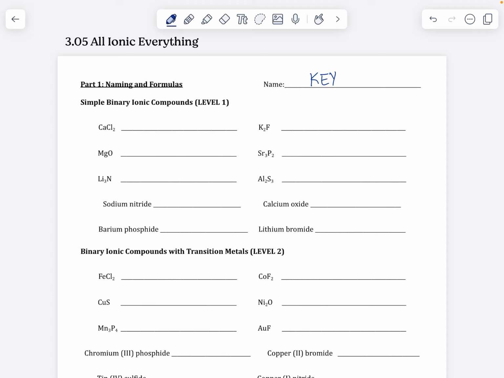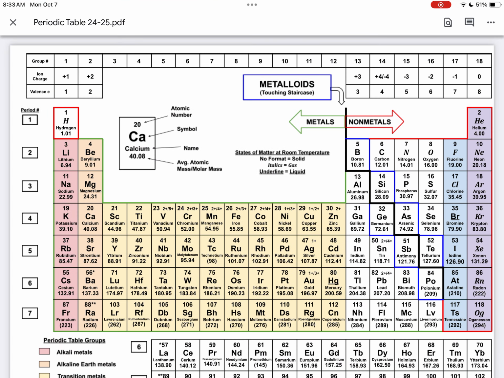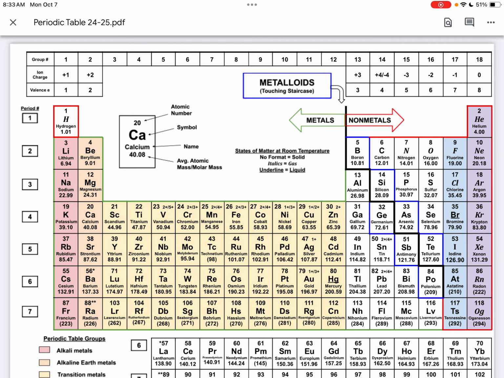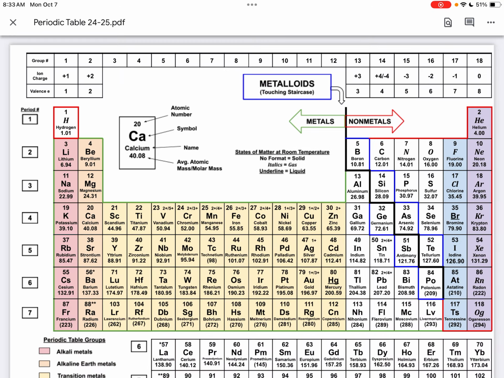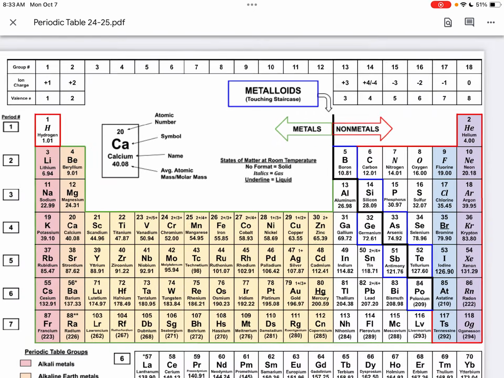But for the first one, and even before we start, I want to make a couple of general references, specifically to our periodic table, because I want to make sure that everybody has the ion charge at the top filled out. Remember, group 14, we don't really form ions.